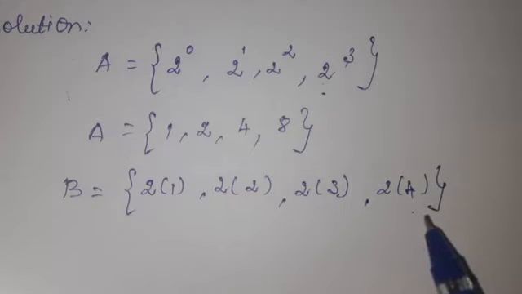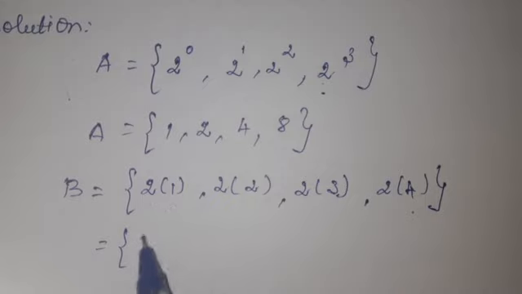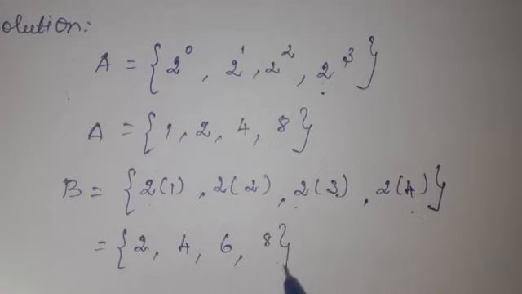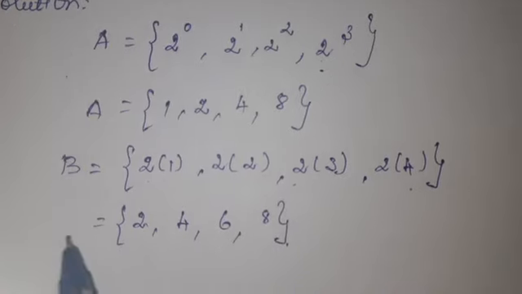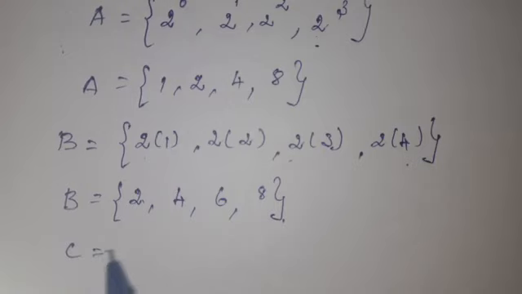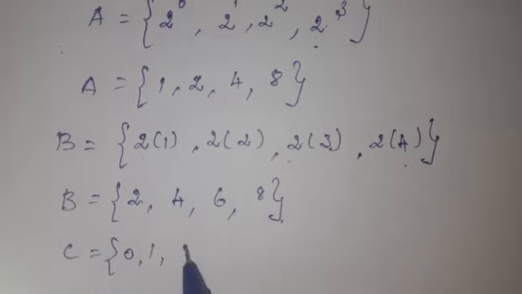We end with 4 because n is less than or equal to 4. Now simplify: 2 into 1 is 2, 2 twos are 4, 2 into 3 is 6, 2 into 4 is 8. This is the B set. The C set is directly given: 0, 1, 2, 5, 6.